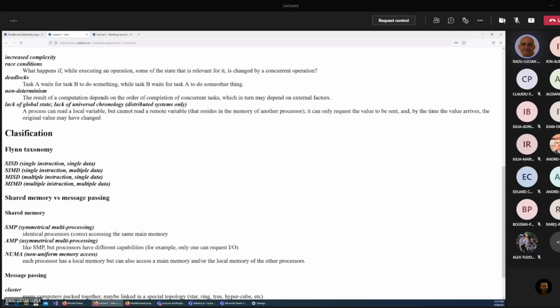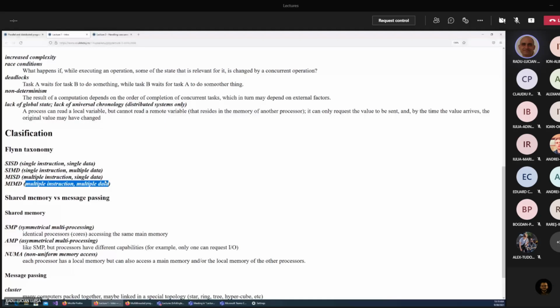You also have those called vectorial machines. Single instruction, multiple data means you have a single flow of instructions, but you process a set of data instead of a single variable. So think about vector or matrix addition, multiplication, and so on. It's not actually used quite a lot.